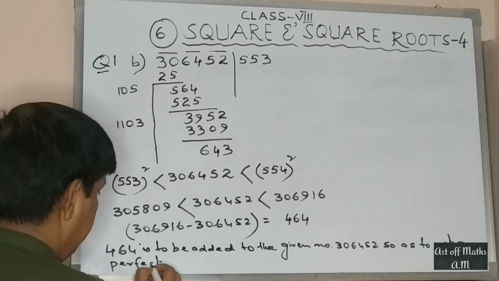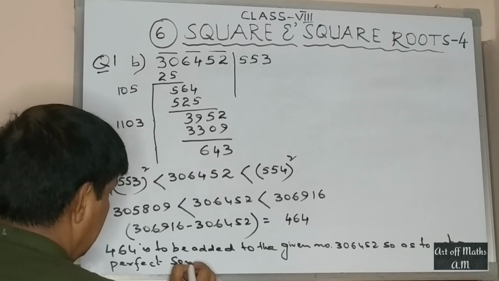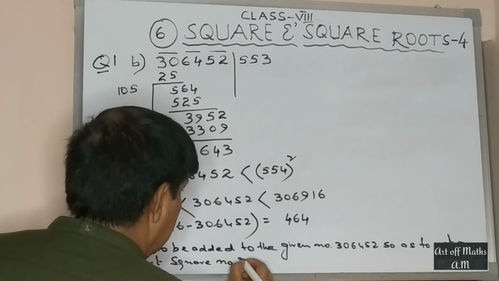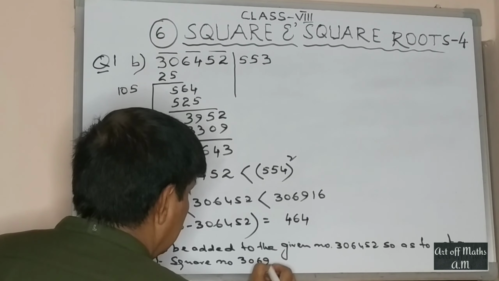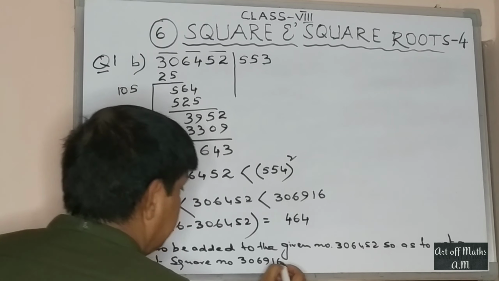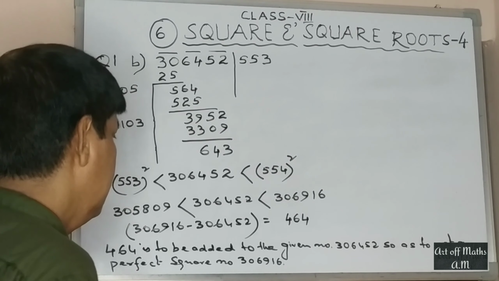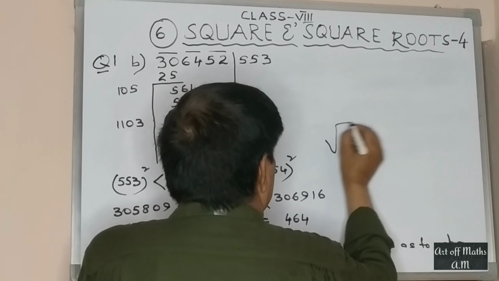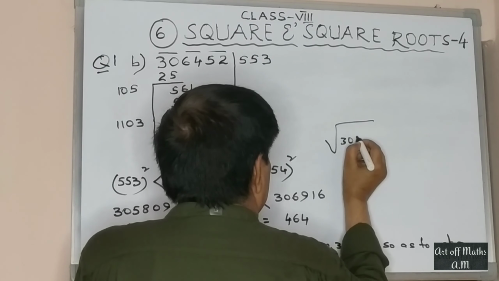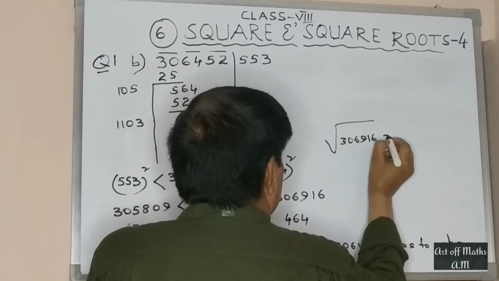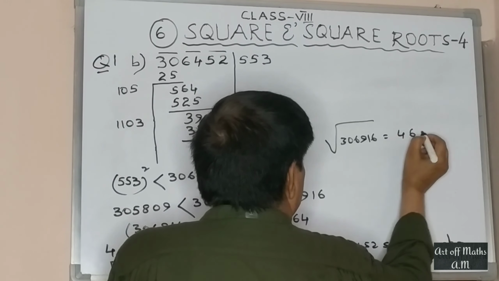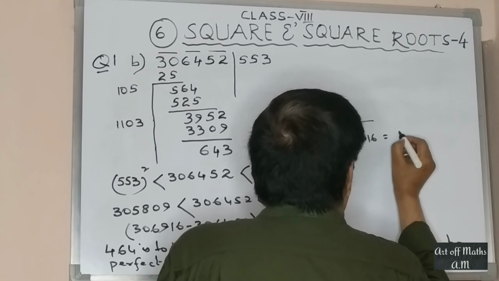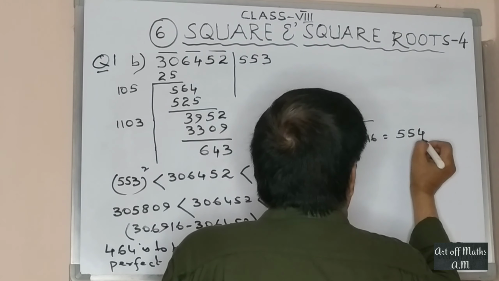Perfect square number, that is 306916. And again square root of this, obviously square root of 306916 equal to 554.